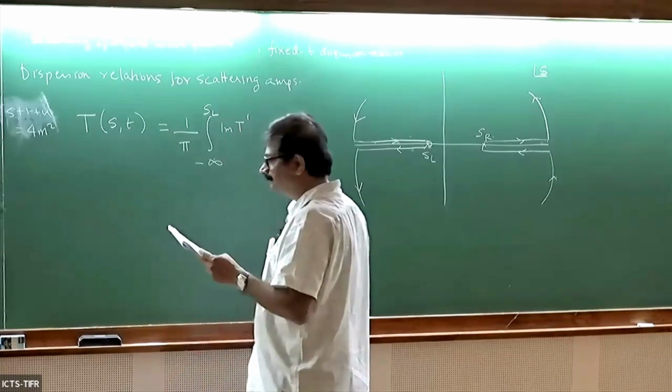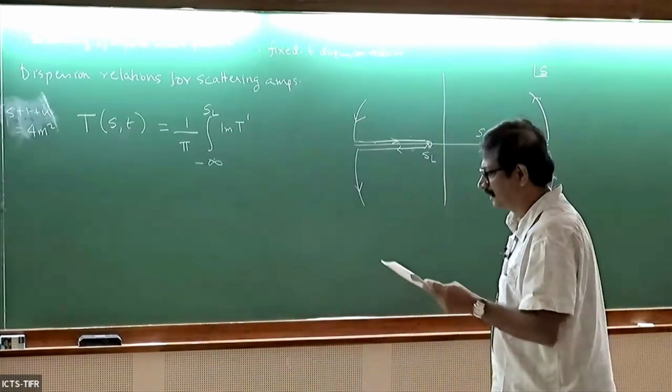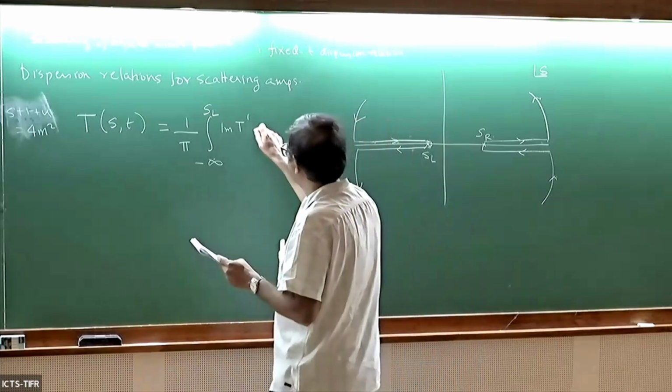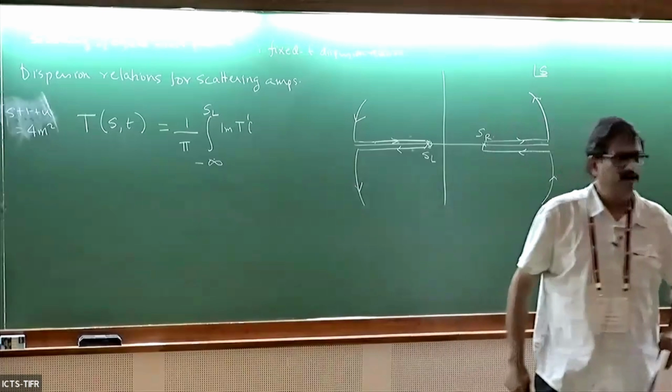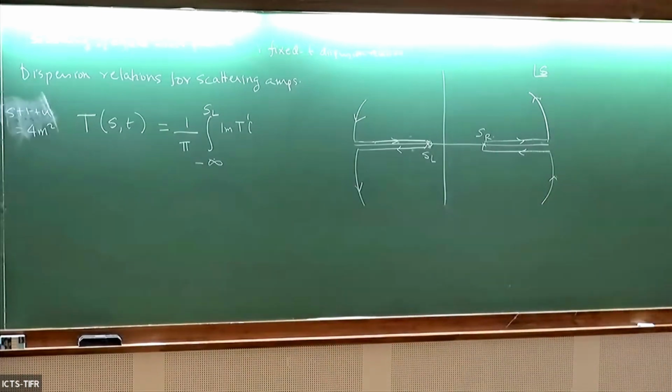Now, every single thing that I'll write here actually has to make sense. So when you say that you're going to evaluate these dispersion integrals, you have to say from which direction you're approaching. Okay.